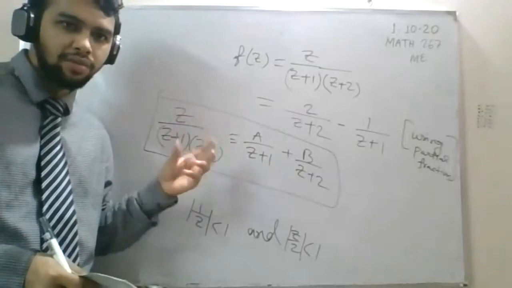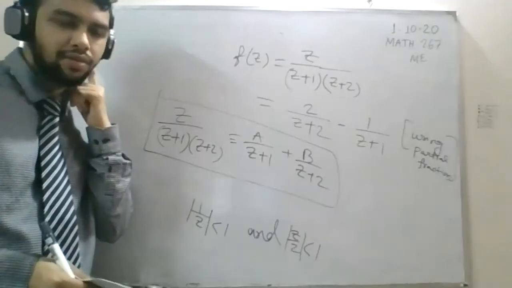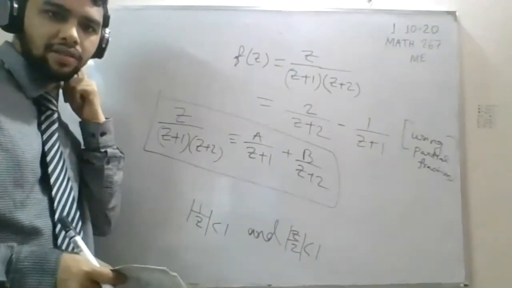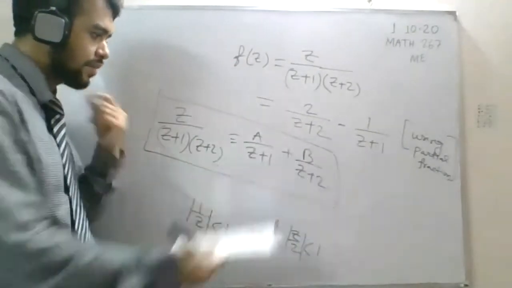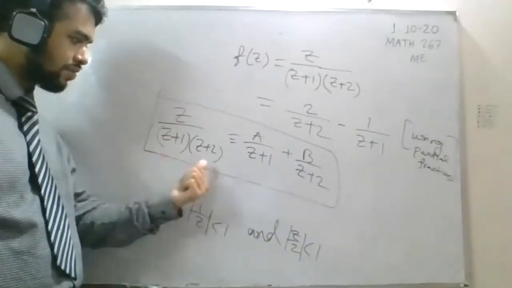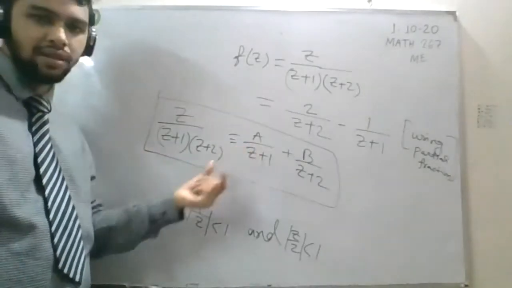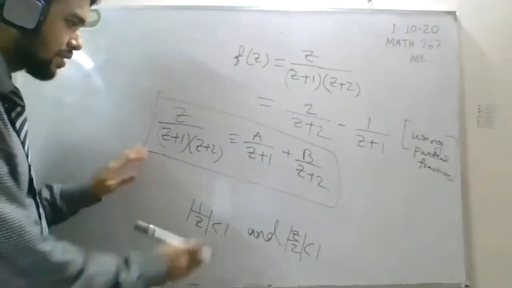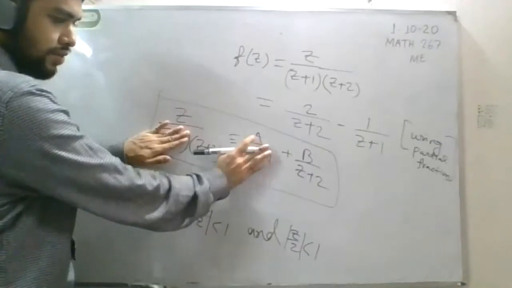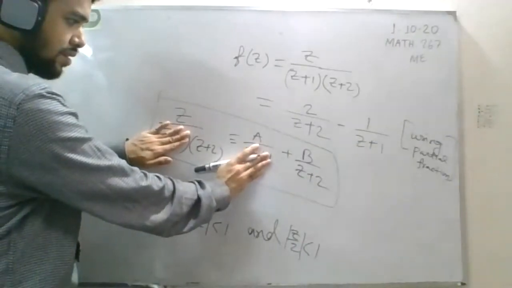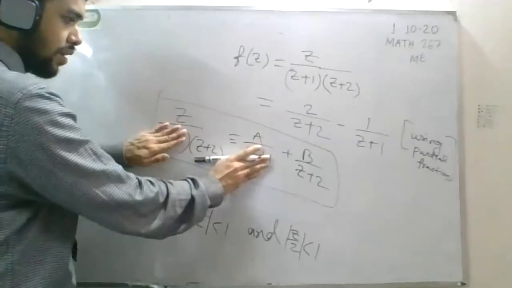So you can also find this result by using a shortcut technique, which is the cover-up rule. Do you know about the cover-up rule? Do you have any idea? Sir, z equals -1, so z plus 1 there, and we put -1. Yes, this is the easiest process to find out the values of a and b, but this is only applicable for linear factors. If you have this type of factor, you can use this shortcut rule. Just cover this part, you have to find the value of a, so put z equals -1 everywhere.